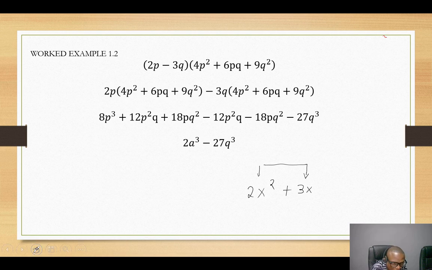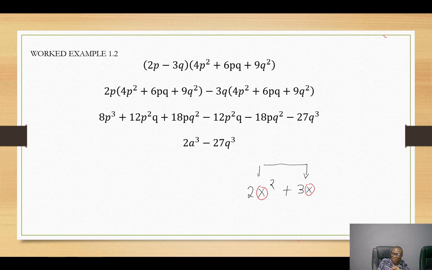Like terms should have the same variable, but they are not like terms because the exponents are not the same. For two terms to be like terms, the variables must be the same and the exponent also must be the same.